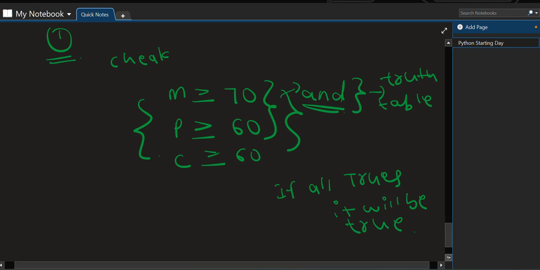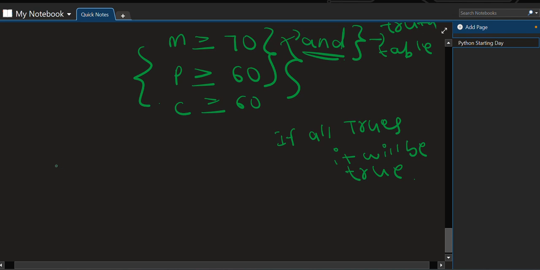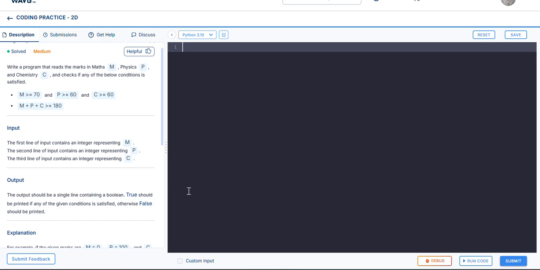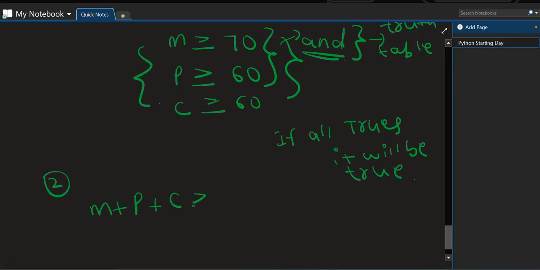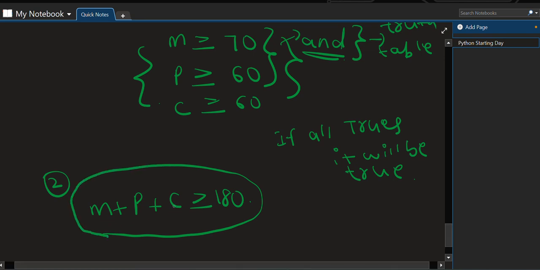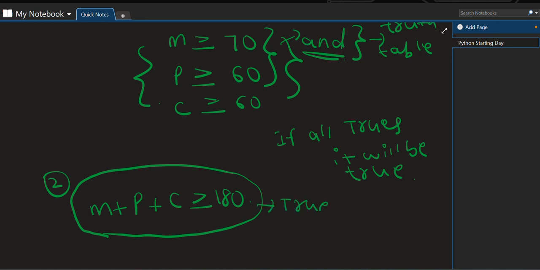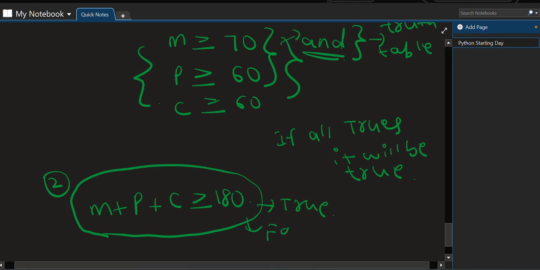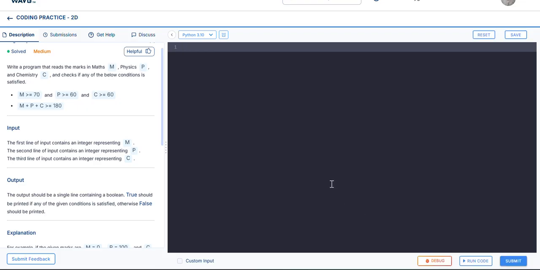After that, the second condition given is m plus p plus c greater than or equal to 180. We have to sum all three values and check whether it is greater than or equal to 180 or not. If it is, we will print true, else we will print false. Here we are going to use if and else statements only.